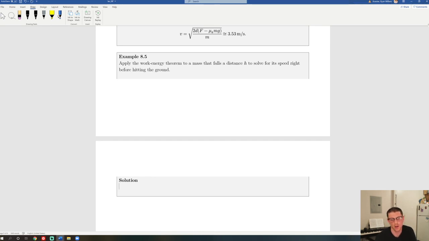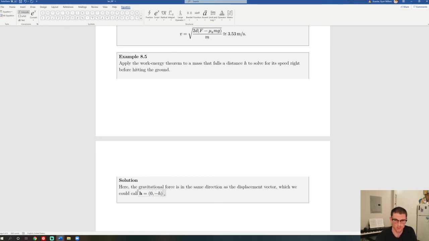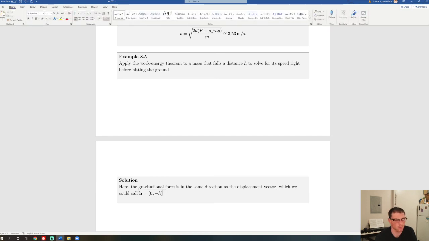Okay, so here the gravitational force is in the same direction as the displacement vector, which we could call, let's call it h, the vector.